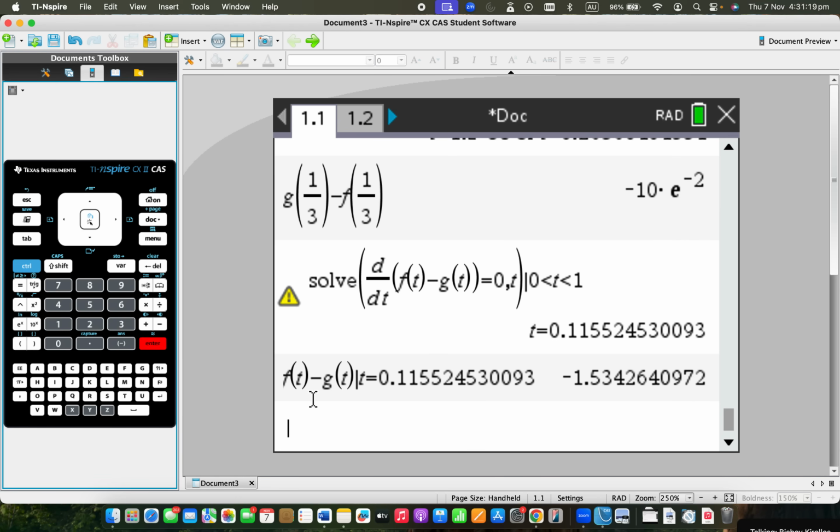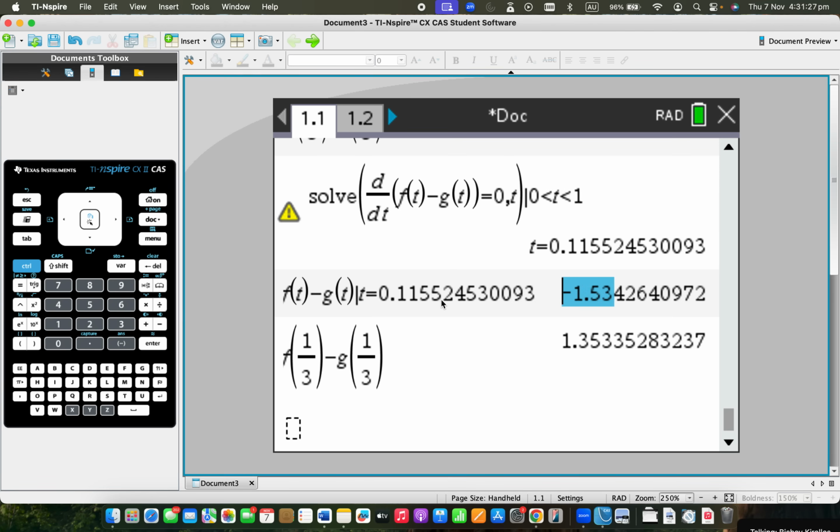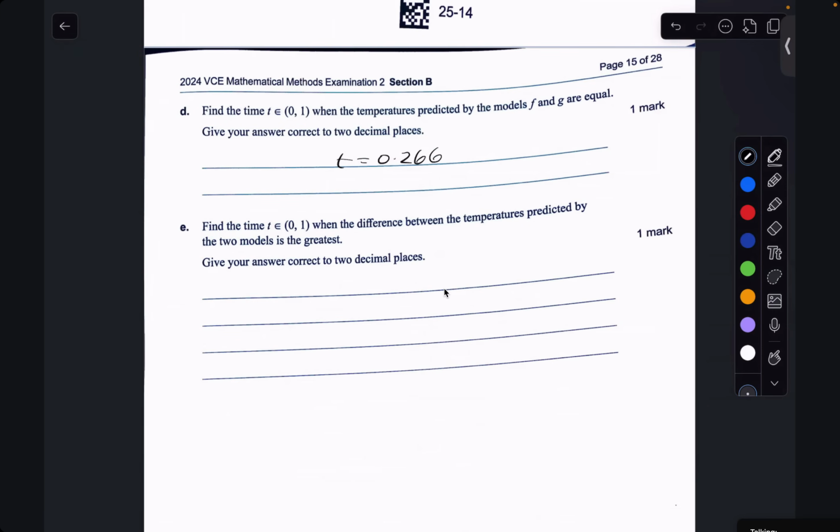Okay, so that's the difference. What about f of 1/3 minus g of 1/3? Yeah, this one's bigger. Okay, so 0.11, 0.12. Okay.